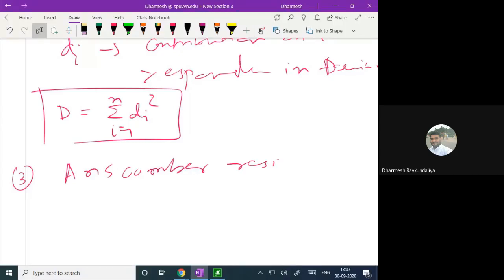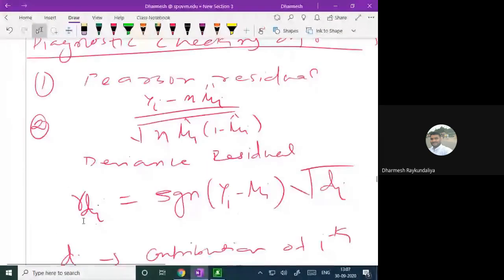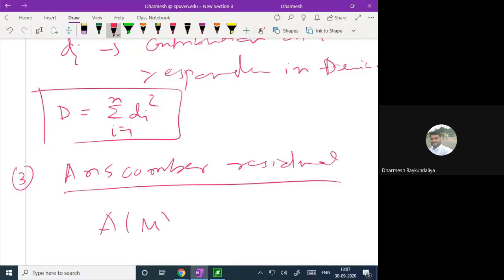What was the problem with the Pearson residuals? For a skewed distribution, they give skewed residuals. They do not stabilize the variance. We look for residuals that have the basic properties of normal residuals, like a normal distribution and stabilized variance. So Anscombe has given a transformation.